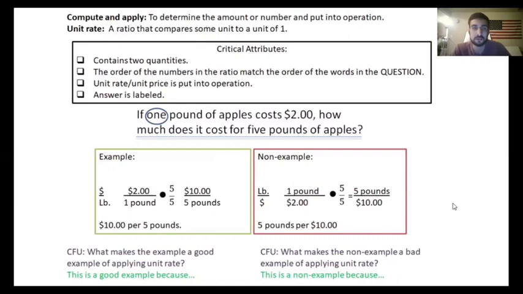Cost was first, so cost is on top, pounds are going to be on the bottom. In this case, it was 1 pound, so our unit rate was already there, and then we multiplied up to the amount we actually needed. In our non-example here, you'll see our words are out of order, so we should have the money on top, but in this case, we have it as our denominator, which would get this backwards for us.